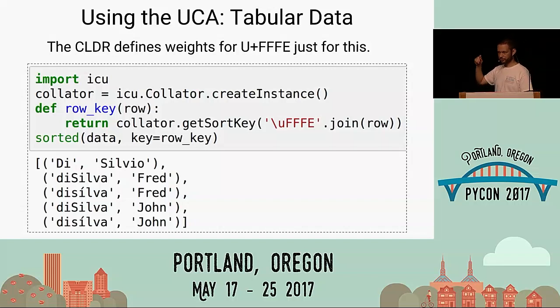It's to use specifically for stuff like this. And the ICU uses the CLDR data, so its default collation is the CLDR one. So if you join those strings with that special code point, then you finally get the ordering you want, where you're getting the first level distinctions on both columns.